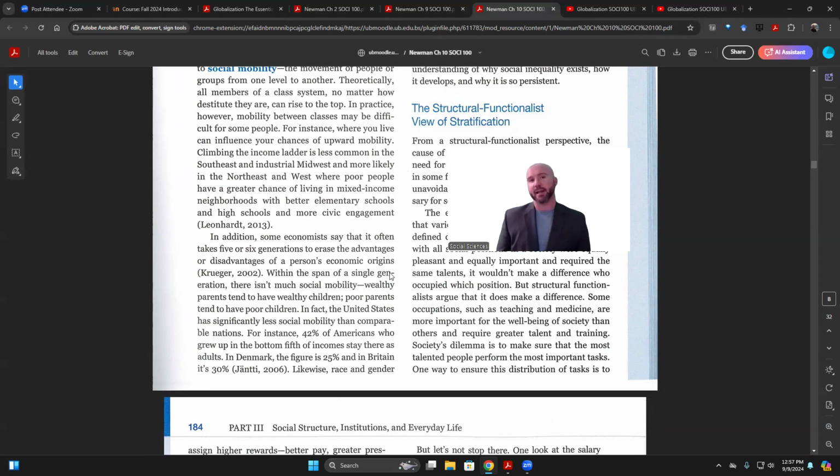So for unpaid status positions, like being a full-time stay-at-home parent, are those positions necessary or important? Well, maybe if we have full-time teachers through the pre-K, kindergarten, grade school, and high school levels, we don't need parents to be stay-at-home teachers.